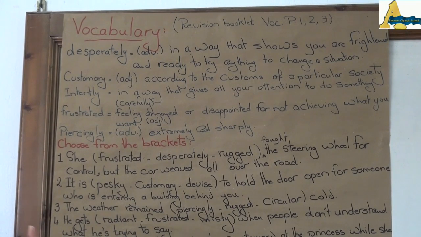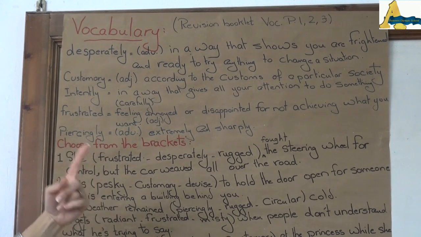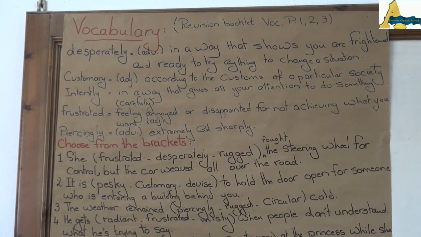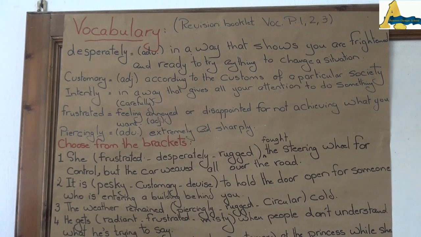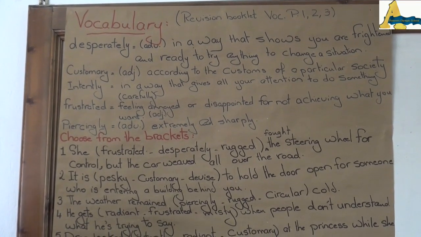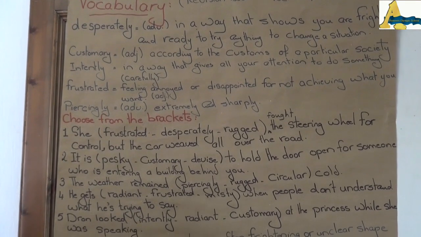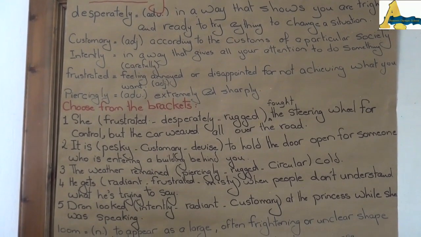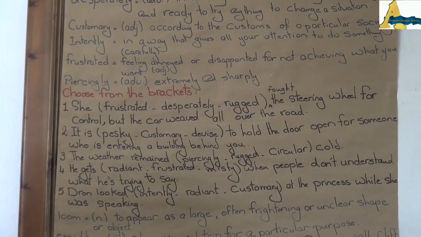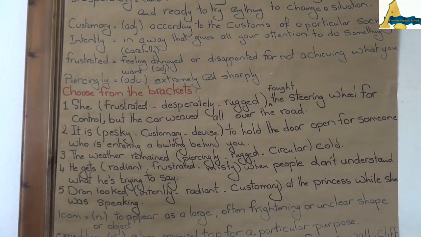Customary is an adjective which means habitual, according to the customs of a particular society. Intently is an adverb, and it means carefully, in a way that gives all your attention to do something. Frustrated, feeling annoyed or disappointed for not achieving what you want, and it's an adjective. Piercingly, it's an adverb which means extremely or sharply.